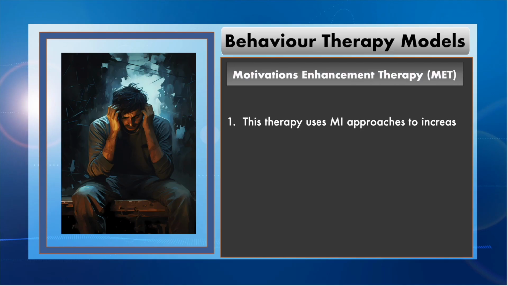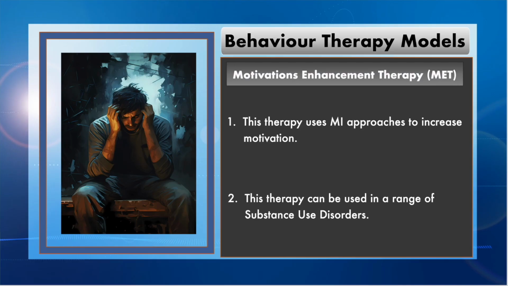So, motivation enhancement therapy. Let us see what is motivation enhancement therapy. This therapy uses motivational interviewing approaches to increase motivation, which is often required in case of behavior modification. This therapy can be used in a range of substance use disorders, including tobacco, cannabis, alcohol, cocaine, opioid use, etc. Another model is the matrix model.